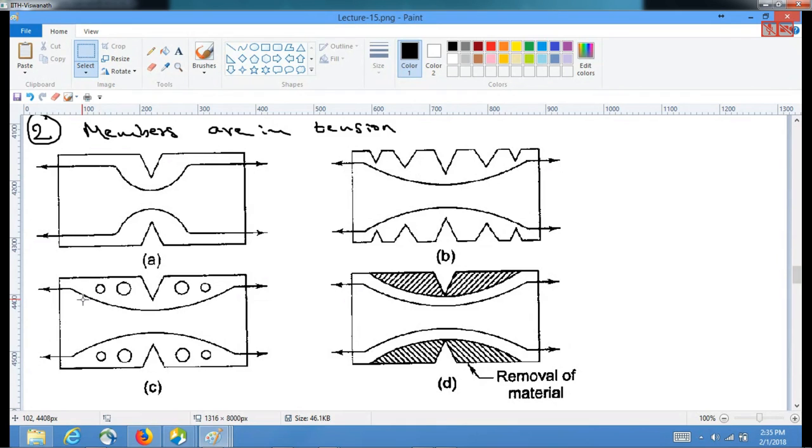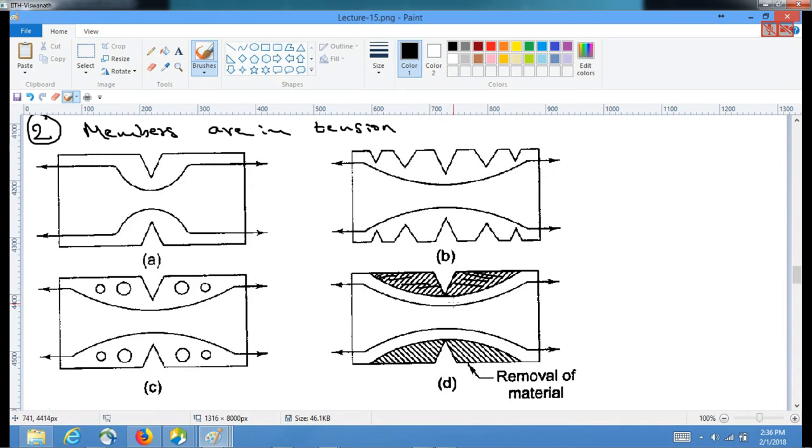And so in such cases, it is better to remove material. If I show it for this case, if you remove this hashed portion of material, it gives a gradual change in the cross section.